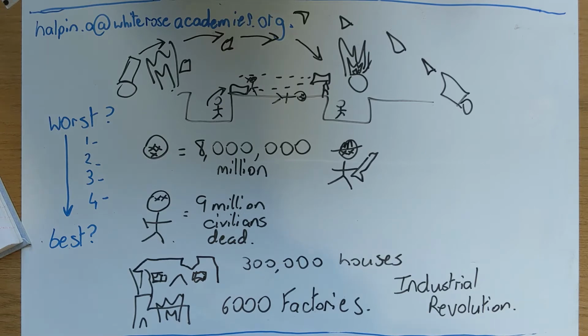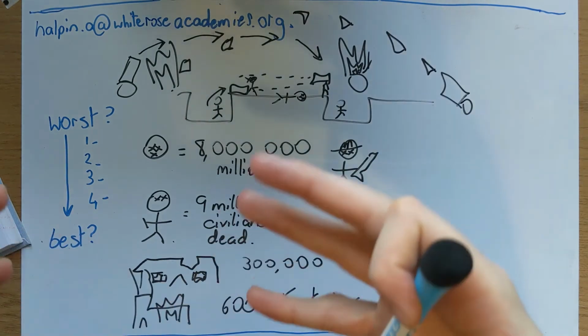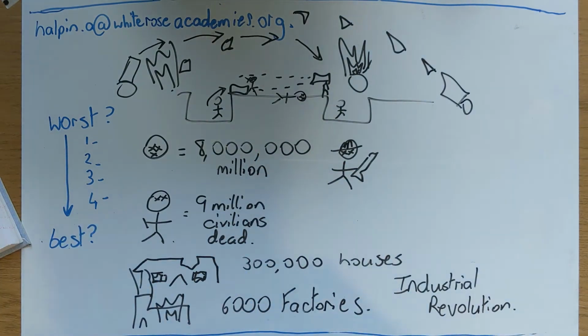Okay, why is it a problem that factories are destroyed? Why is it a problem that civilians are dead? Why is it a problem that soldiers are dead? Okay, so come up with a listing and then tell me why each thing is a problem. Give yourself 4 minutes to do that now.